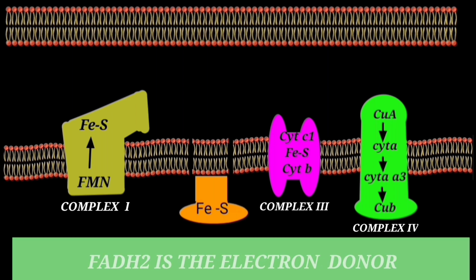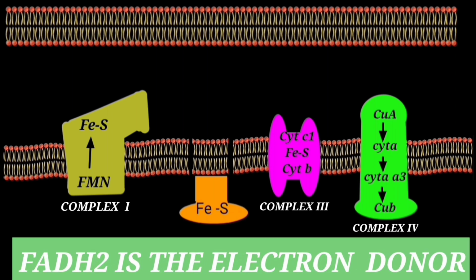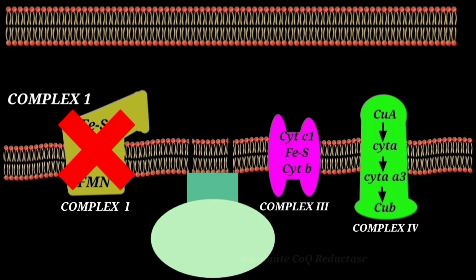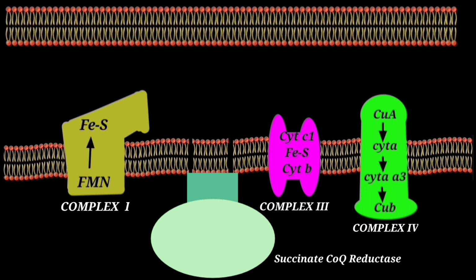When FADH2 is the electron donor, complex 1, that's NADH dehydrogenase, does not participate in the electron transfer process. Rather, complex 2, that's succinate coenzyme Q reductase, is recruited to take part in the electron transport process.